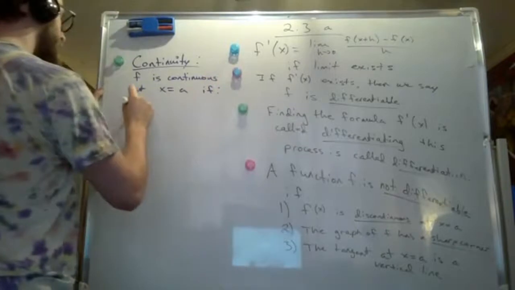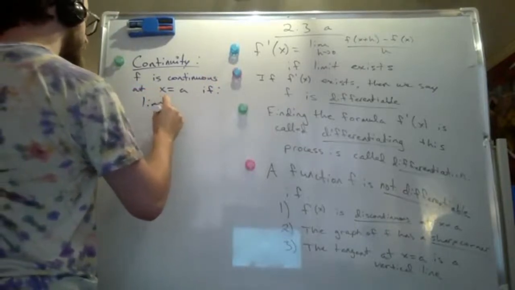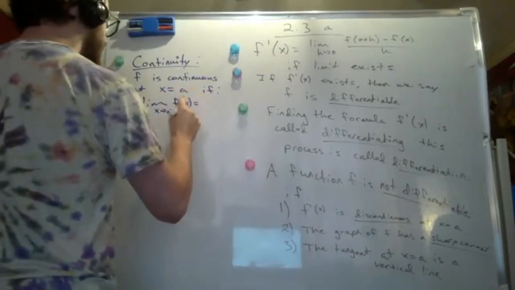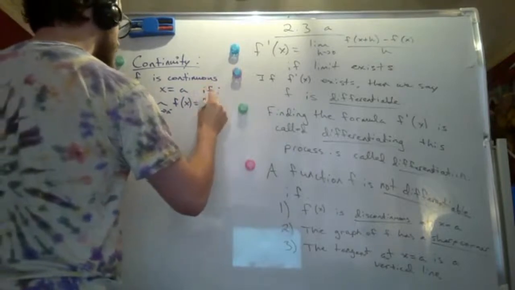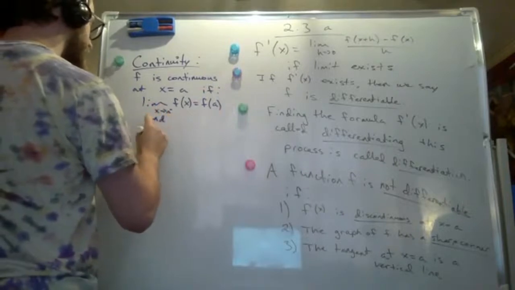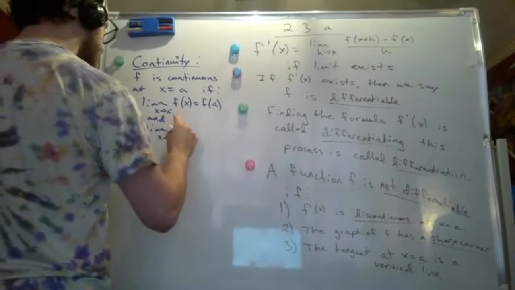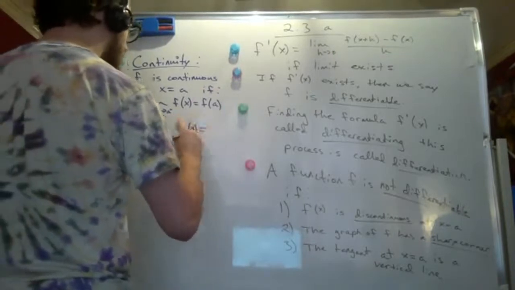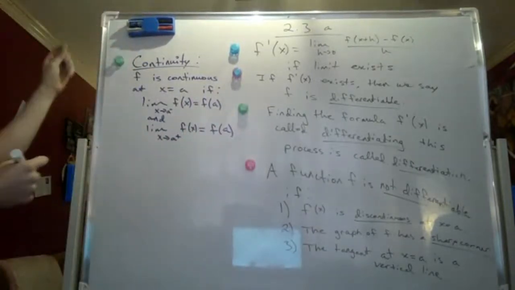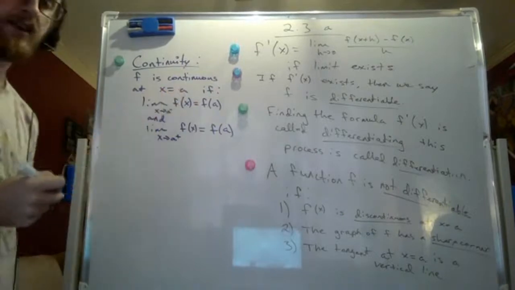if the limit from the left-hand side, so as x approaches a from the left of f of x, equals f of a, and the limit as x approaches a from the right for f of x also equals f of a. If this is true, then we say the function is continuous at that point.